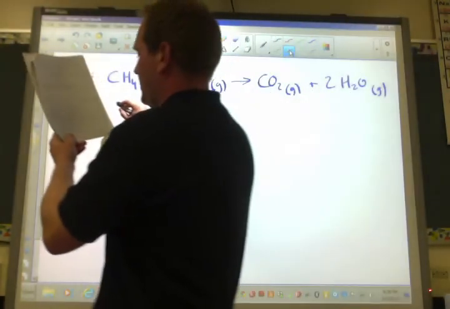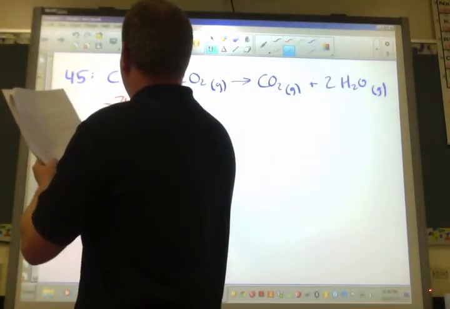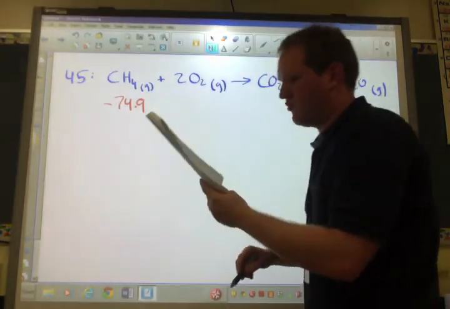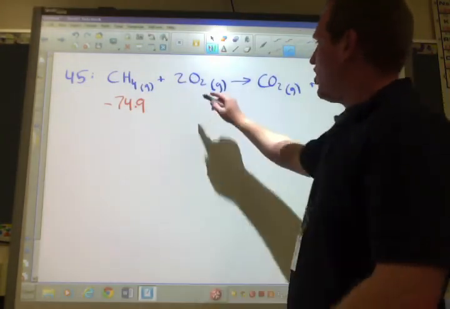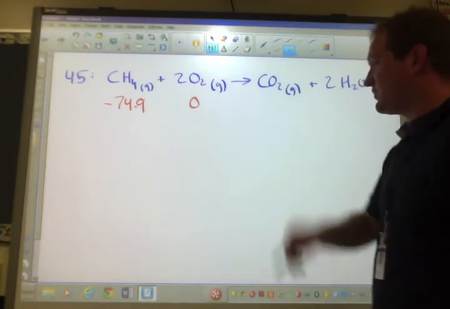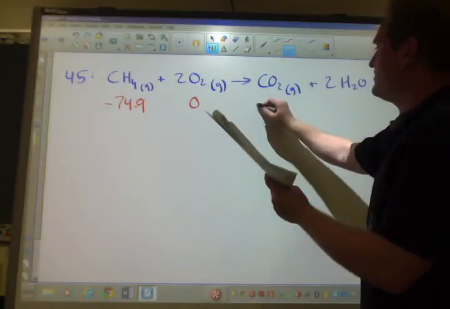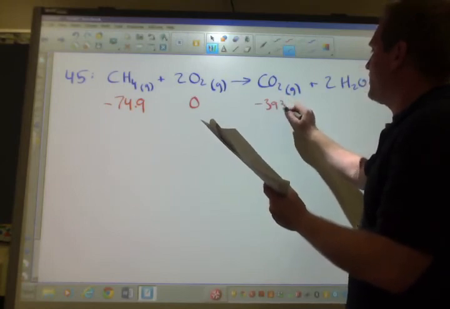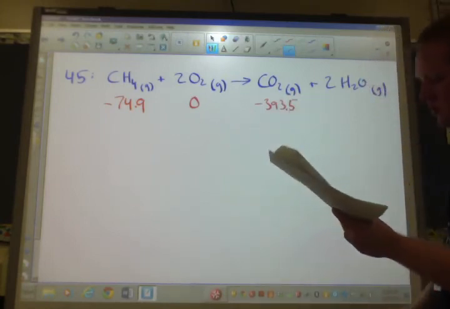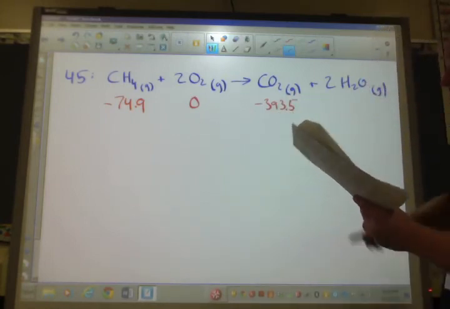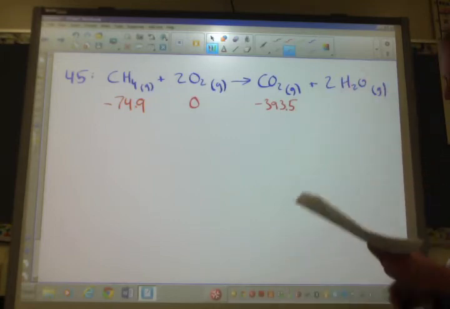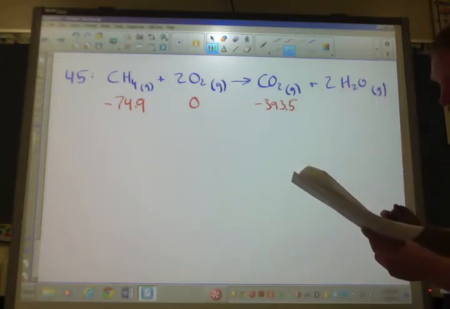CH4 is negative 74.9 kilojoules per mole times 1 mole. O2 is 0 because that's the natural state of oxygen, so times 2 is 0. CO2 gas is negative 393.5 kilojoules per mole times 1 mole. And for H2O gas, we have 2 moles of it, so each mole is negative 241.8.